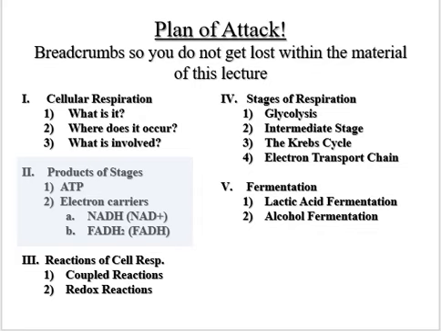Obviously, the major product is ATP, but there are actually three important products. ATP, yes, is one of the major products. But there are also two high energy molecules produced that serve as electron carriers, and those are NADH and FADH2.